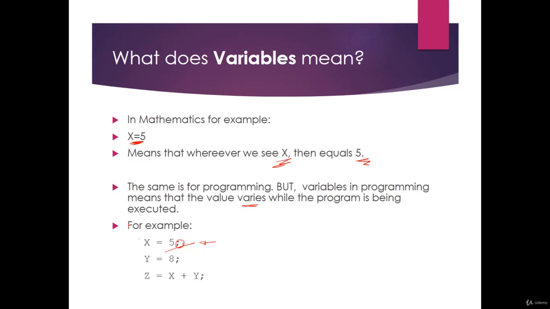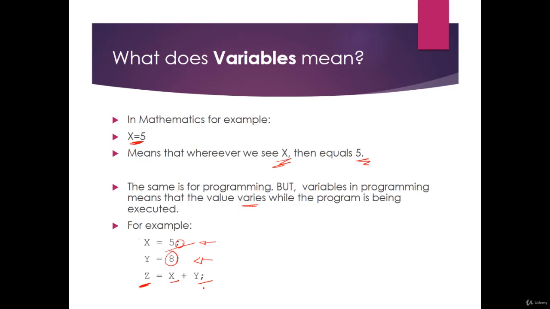The second one means that the y variable has the value 8, and this one means that the z variable will have what x has and what y has. So it will be the sum of the value of the variable x plus the value of the variable y.